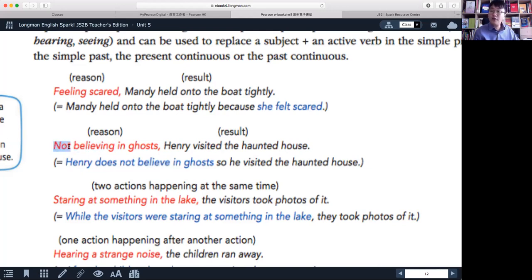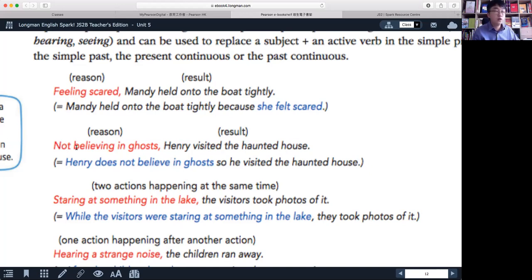So why do we have not here? Remember, here we have does not. Not is the negator. Remember, we have to keep the not. If you don't keep the not here, you change the meaning of the clause.